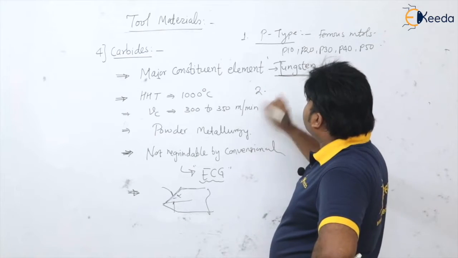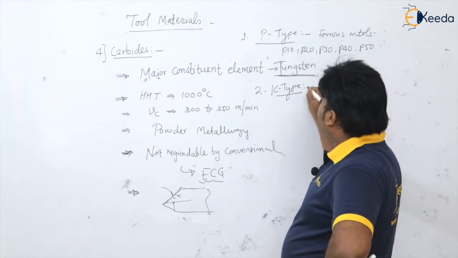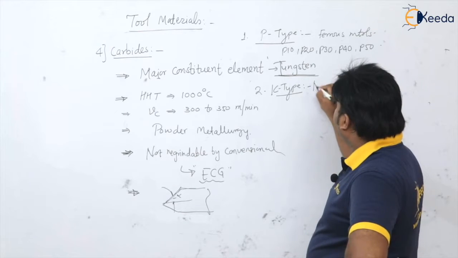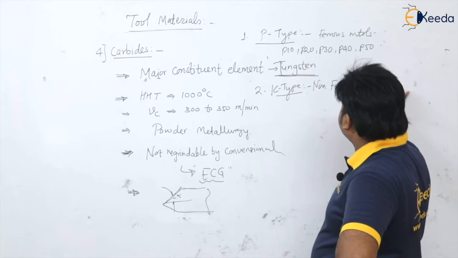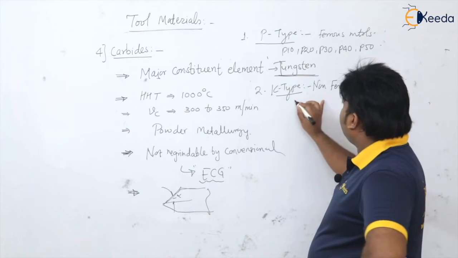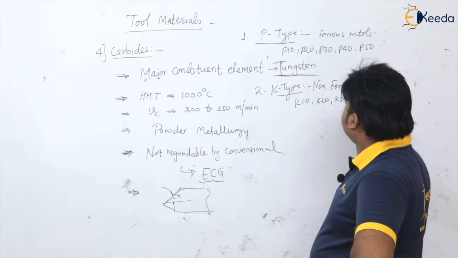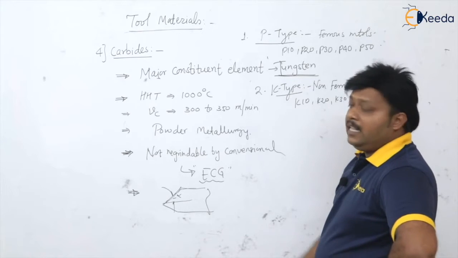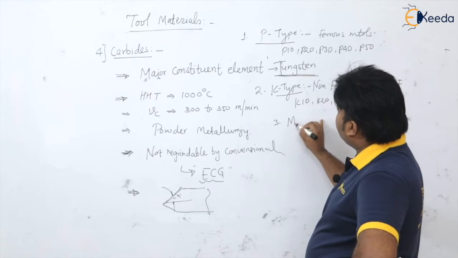Then we are having the next type, that is K-type carbides. These are basically used for the non-ferrous materials and also for cast irons. They are having K10, K20, K30, K40, up to K50. And the third type carbide you are having, that is the M-type carbide.